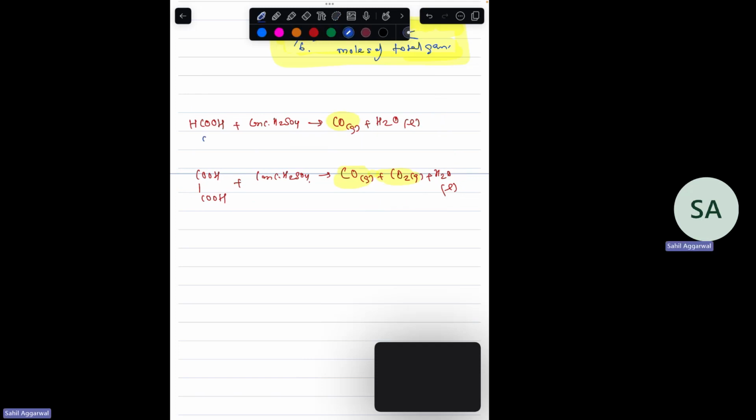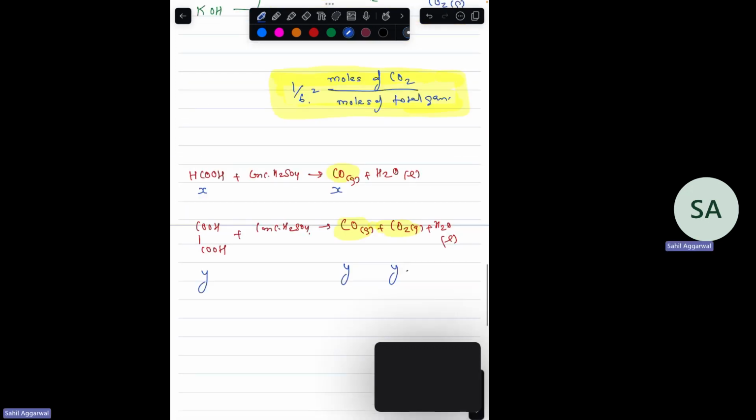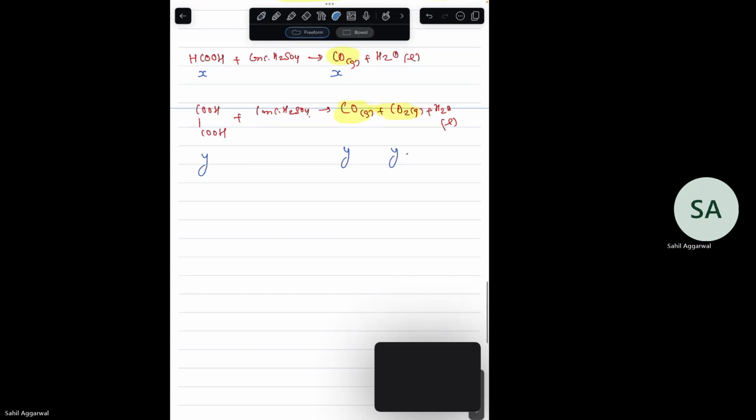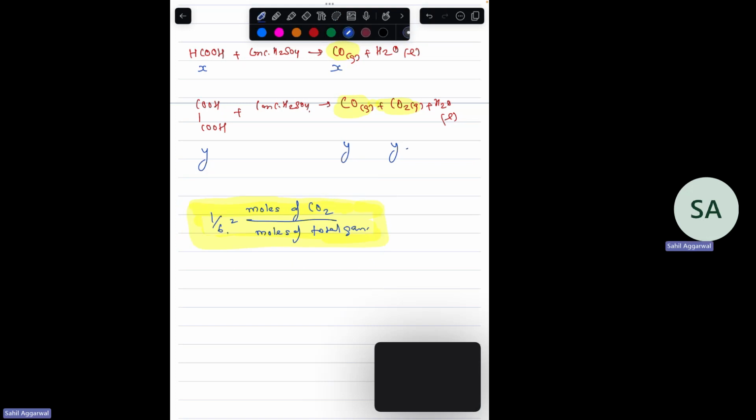If this is x moles, then this would also be x, and if this is y moles, this would be y and y. So we can take this formula now. It would be 1/6 is equal to y upon x plus 2y.